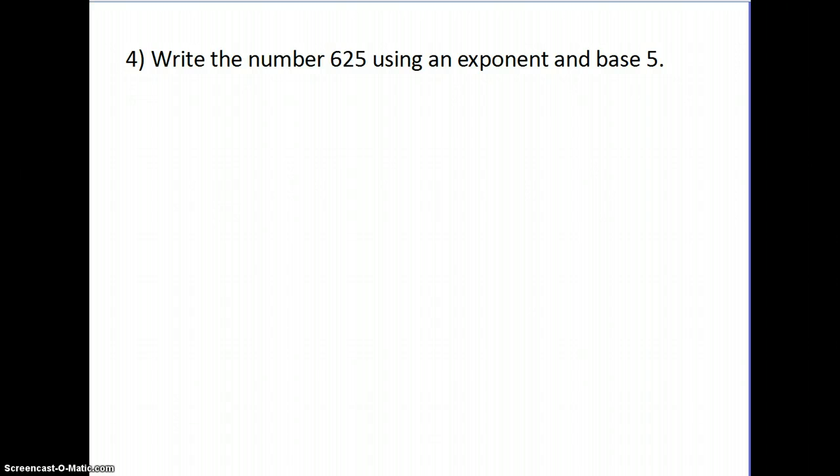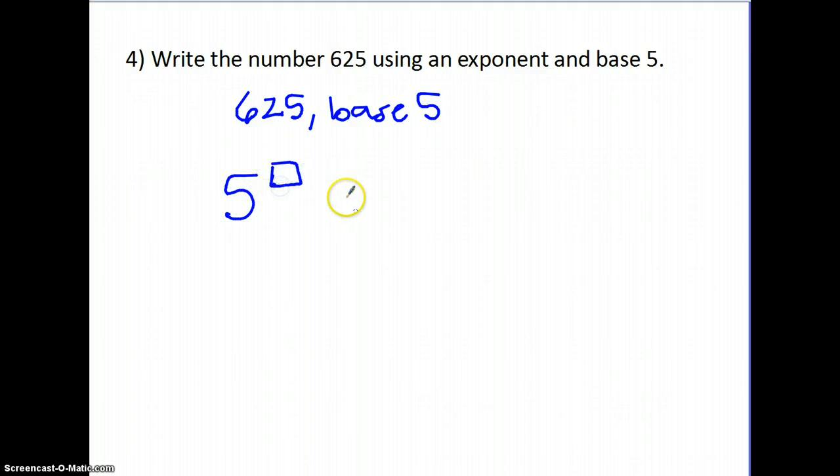This next problem asks us to write the number 625 using an exponent and base 5. Okay? You saw these problems written like 625 base 5. And if you remember, we're trying to find 5 to what power is equal to 625.